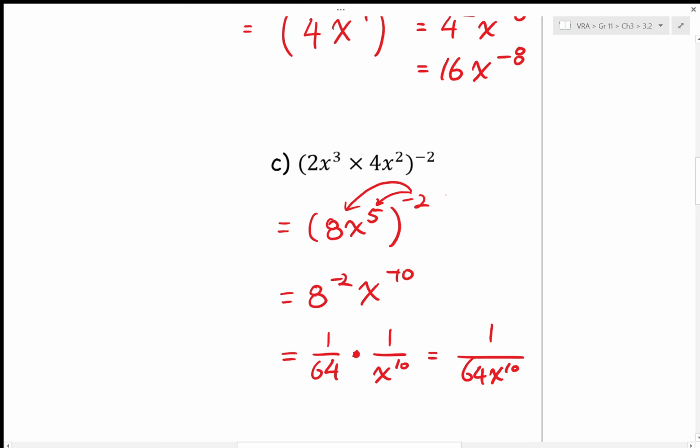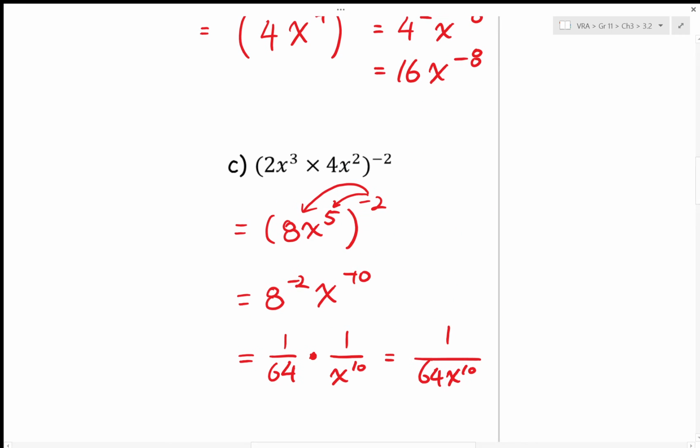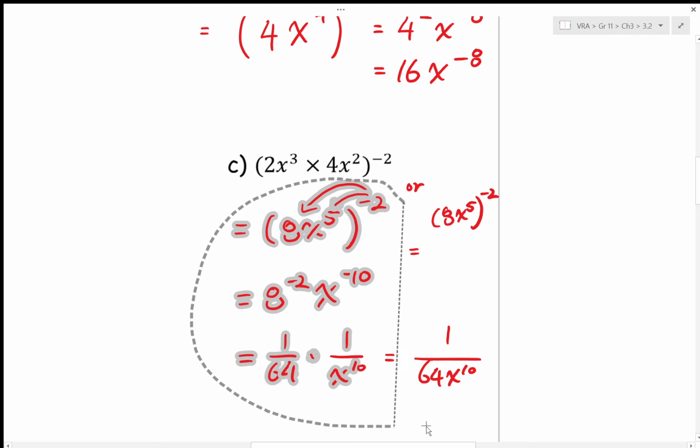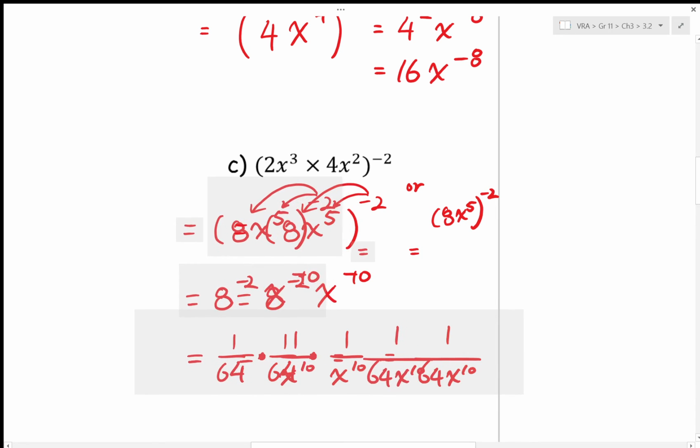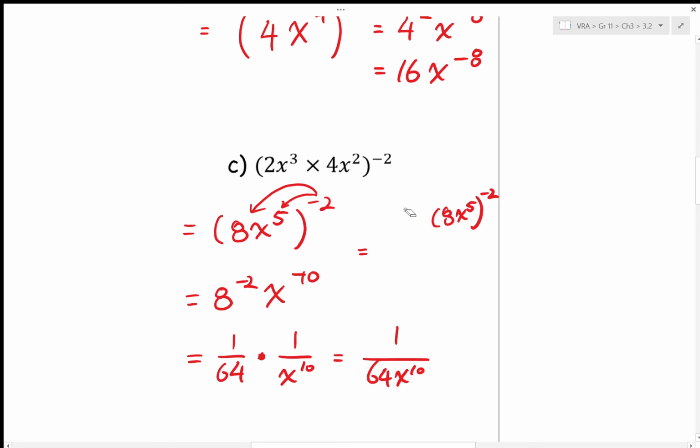Another way is this. You can say it is 8x to the power of 5, to the power of negative 2.